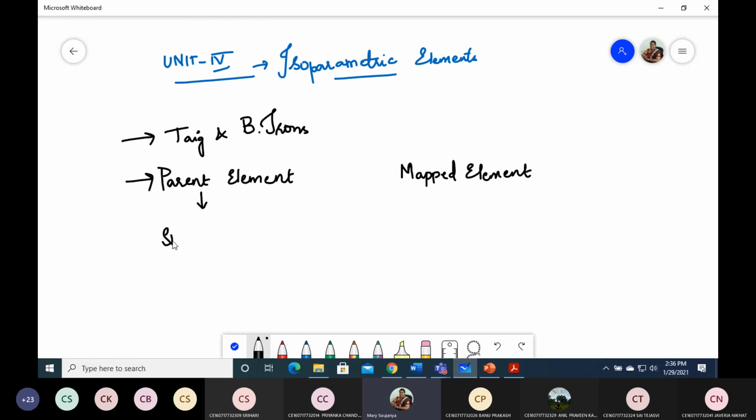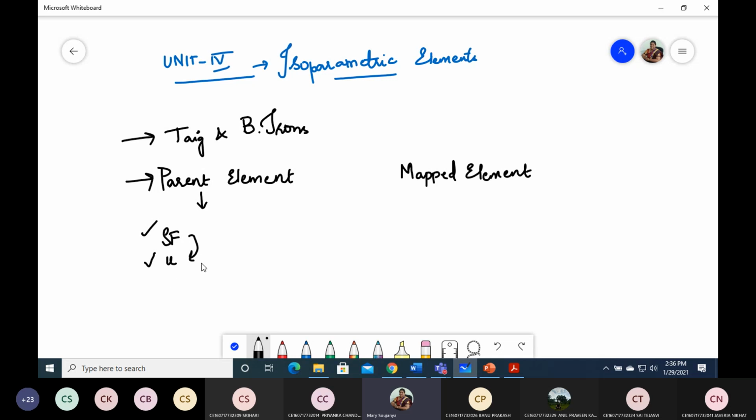We have shape functions available. Through shape functions, we are trying to find deflections in terms of nodal displacements.